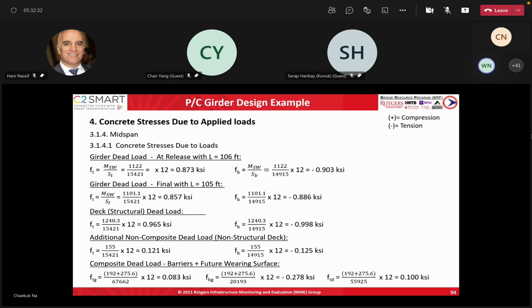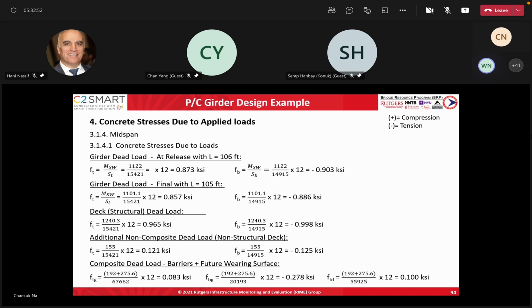All right. Now, having the number of strands and the percentage losses, we need to check our stresses. Now, you might argue that we already checked the stresses in the beginning, and that's true, but that's based on an assumption.